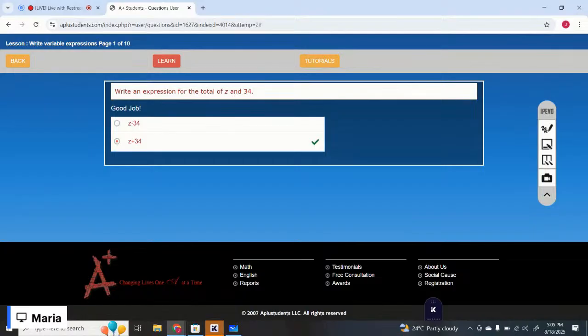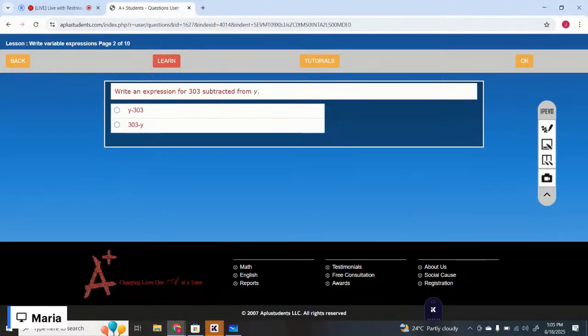Option number 2 is. Write an expression for 303 subtracted from Y. So which is the correct option? That is Y minus 303.